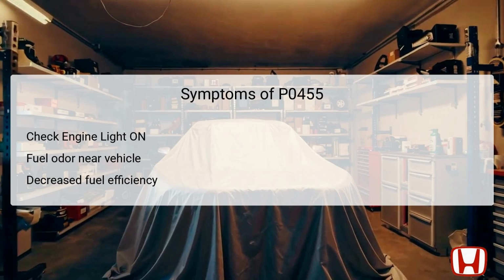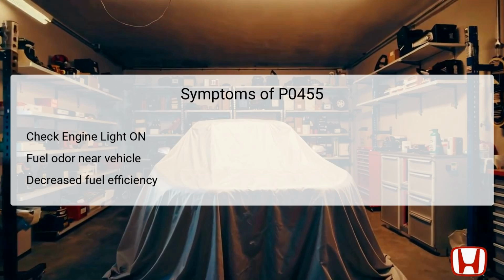When the P0455 code is triggered, symptoms often include the activation of the check engine light on the dashboard. Drivers might also detect a fuel odor near the vehicle, indicating vapor leakage. Decreased fuel efficiency may also be experienced, as an inefficient EVAP system can cause improper fuel combustion.